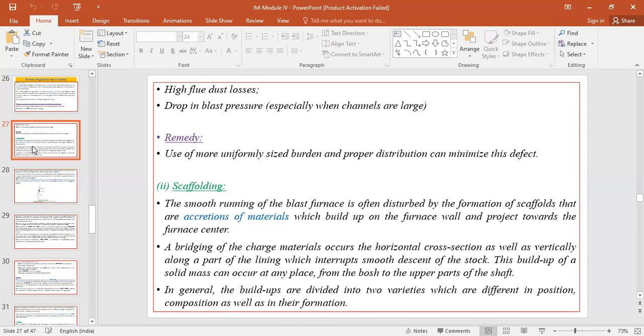And when the gases rise with high velocity, these fines will be pushed up, that is in the form of flooding, and will join the off gas. So if a huge amount of dust is joining the off gases, that means there is a loss in the permeability of the bed inside the blast furnace.